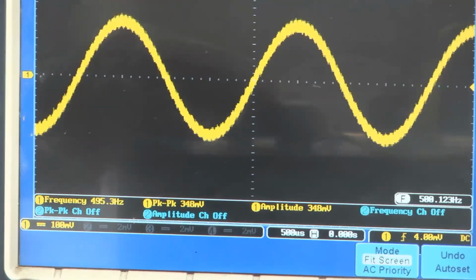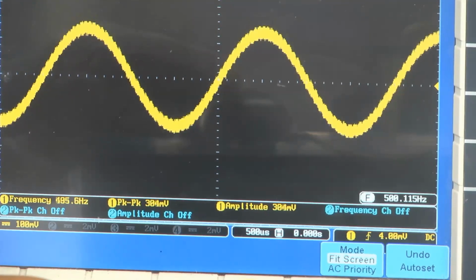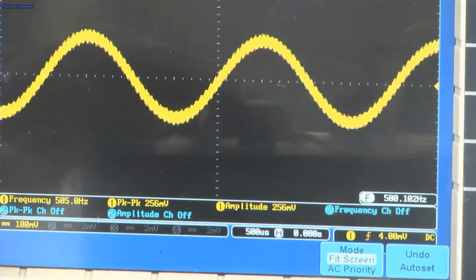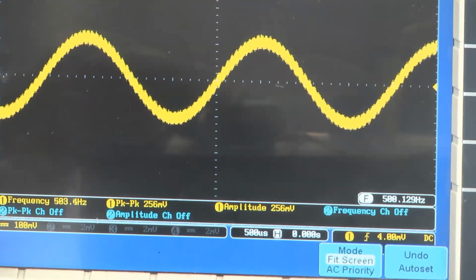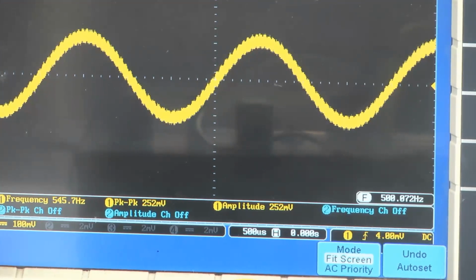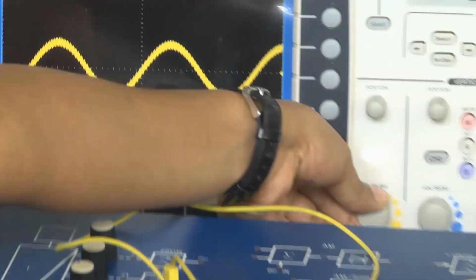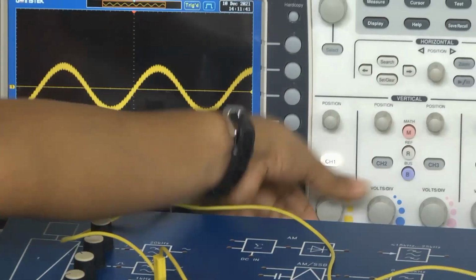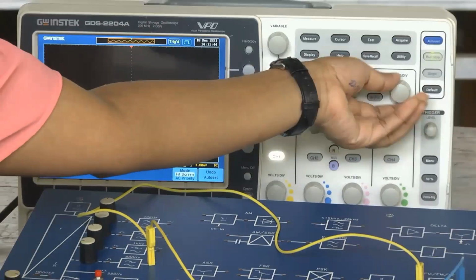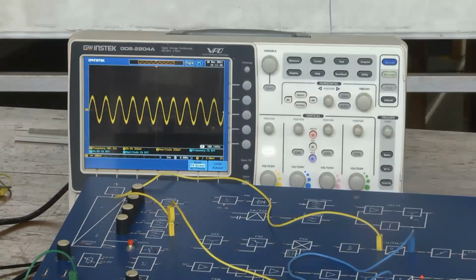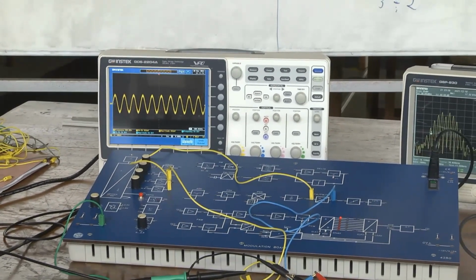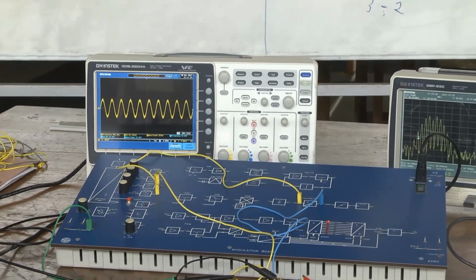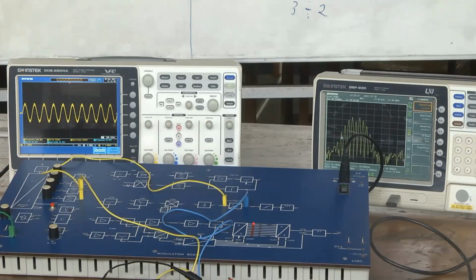By turning the voltage knob, we can change the voltage to 250 millivolts. Okay, we are keeping it here. So you can see the input waveform, a sinusoidal waveform with 500 hertz frequency and 0.25 volt voltage.